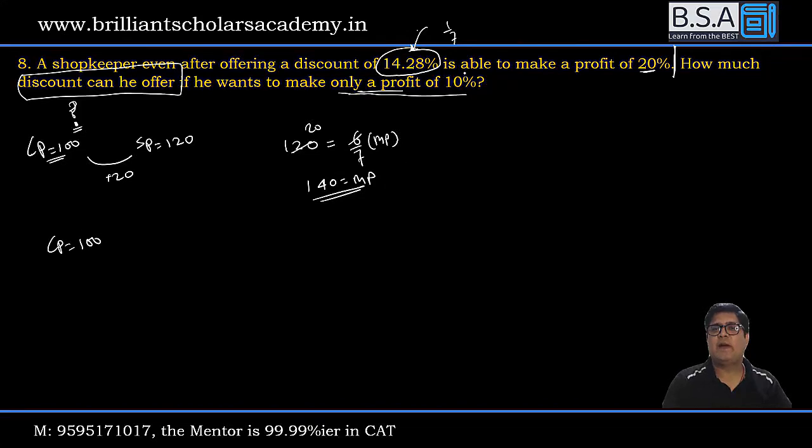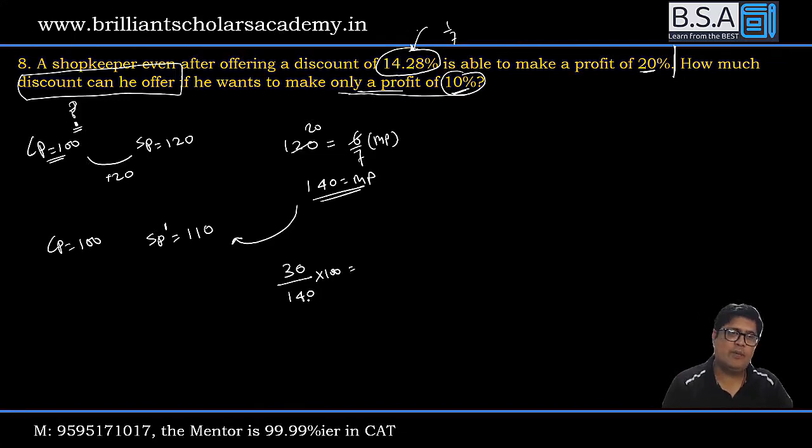What is the expected profit now? Expected profit is 10%. So the new selling price is 110 rupees. How much discount can be offered? The discount offered can be 30 rupees on 140 into 100 is the discount percentage.